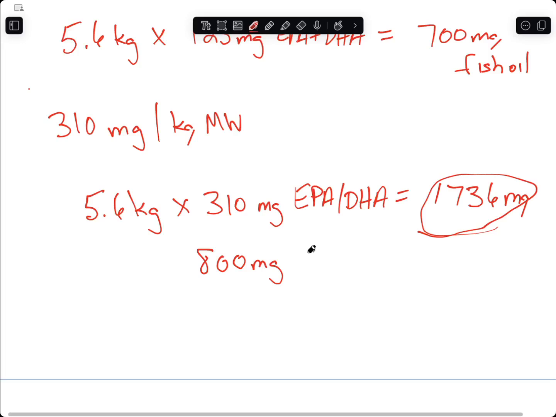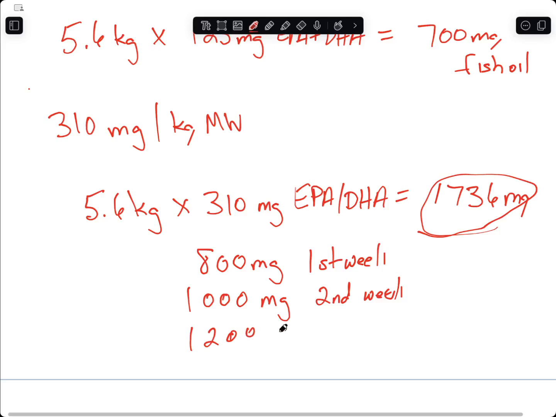So you do this for the first week, and then increase it to say 1,000 milligrams or so for the second week. And then the third week, you go to 1,200 milligrams. All right, you get the idea. Then the fourth week, 1,400 milligrams.